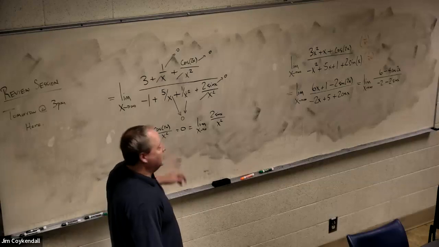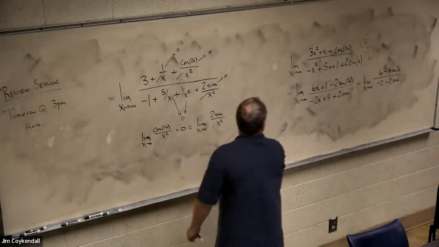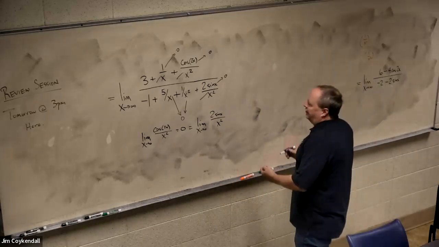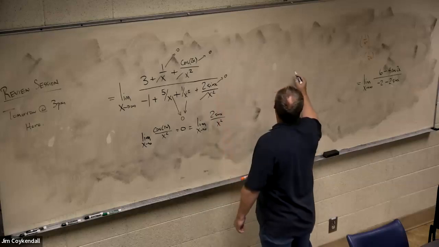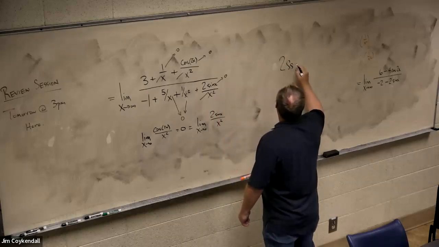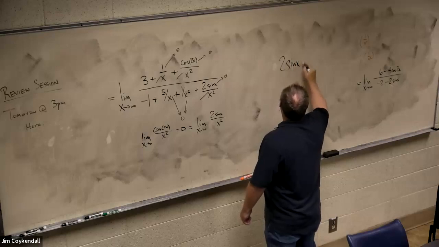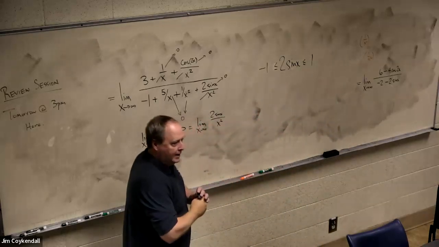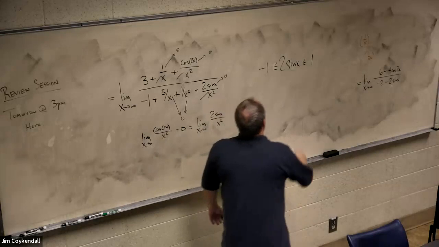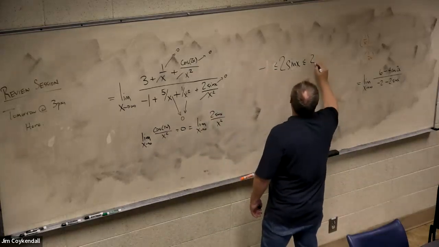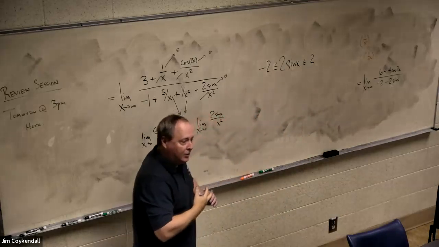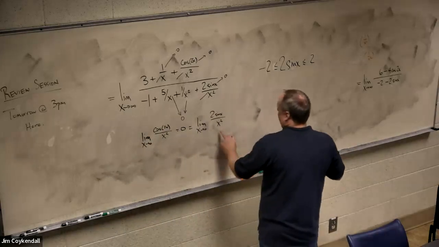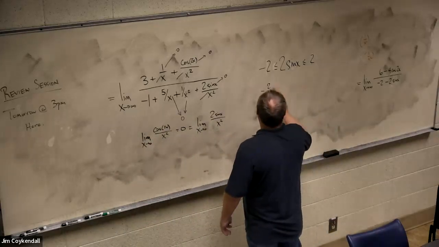This is the squeeze. I'll do one of these. Notice that, and this is the key, and it works the same way for the other. Notice the 2 sine x is between -2 and 2. That's better. 2 sine x over the denominator. Now divide both sides by this denominator.